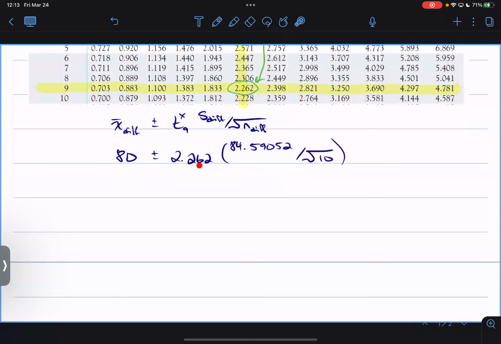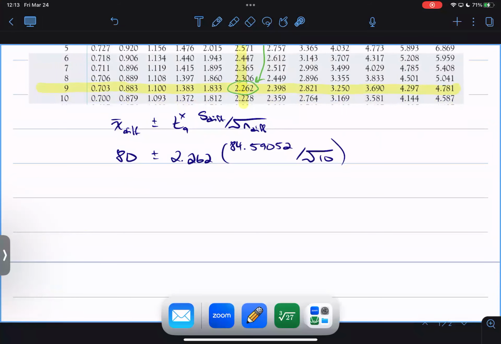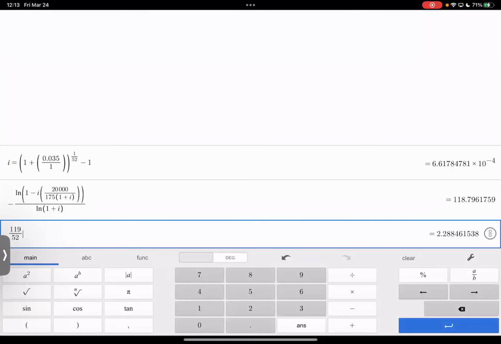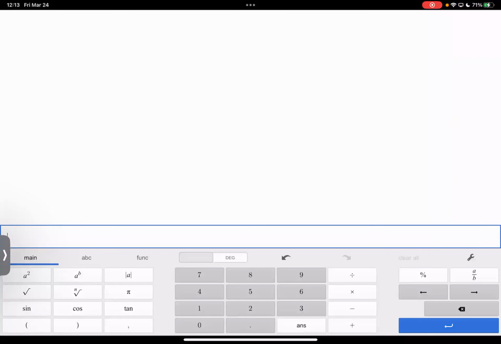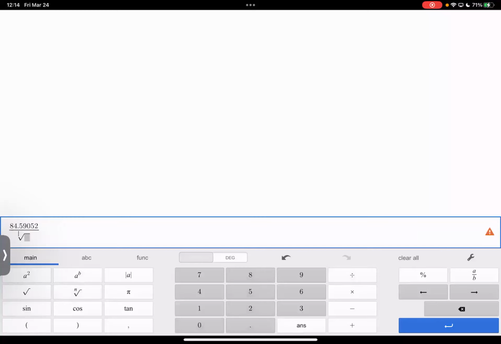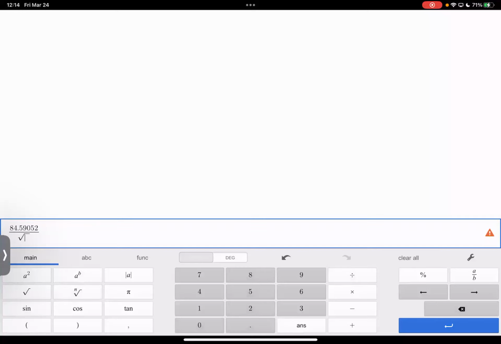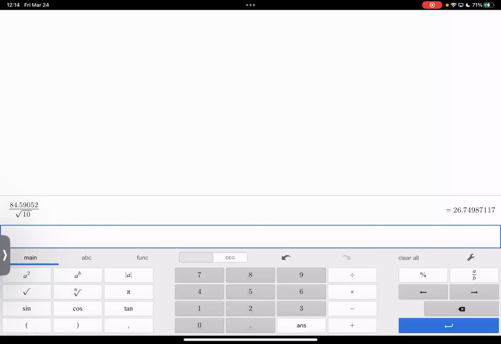Because of how I did it before, I have slightly more decimal places, so I'm just going to do this in here. Clear all. I am going to find the margin of error first. First, the standard error: 84.59052 divided by the square root of 10. Great.